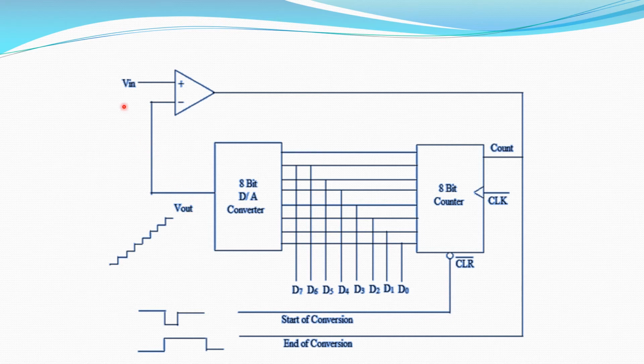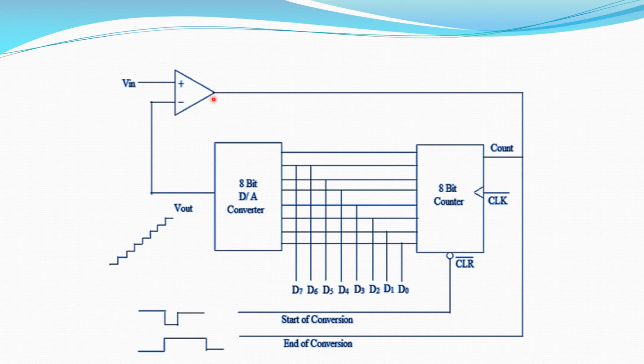So if we apply an input V in which is positive, then that is applied to positive terminal of this op-amp and V out, that is 0, to negative of the op-amp. That op-amp compares both inputs, and here V in is greater than this V out.